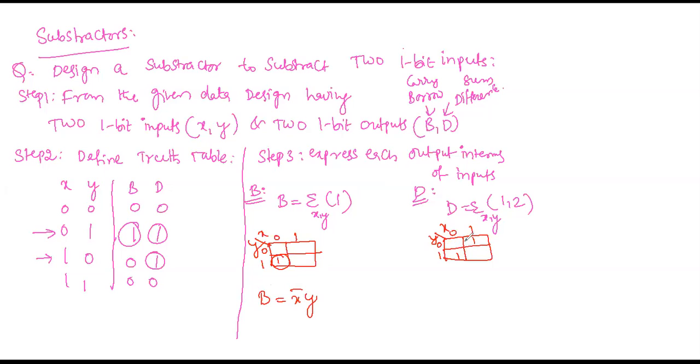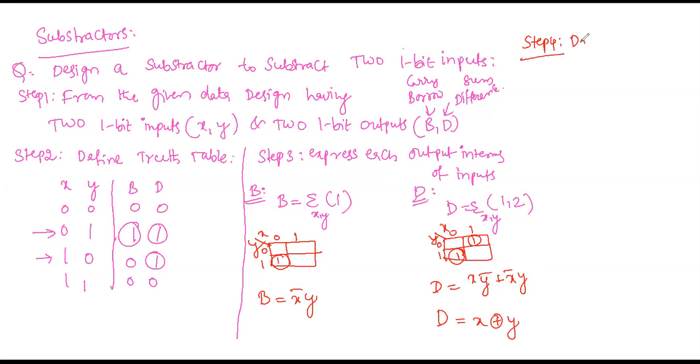Here, these two cells are diagonal. Diagonal cells are not adjacent, so you have to form individual groupings. So D is equal to x y bar plus x bar y. X y bar plus x bar y is nothing but the XOR operation. So D is x XOR y.